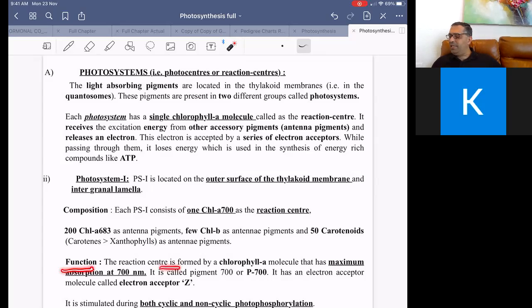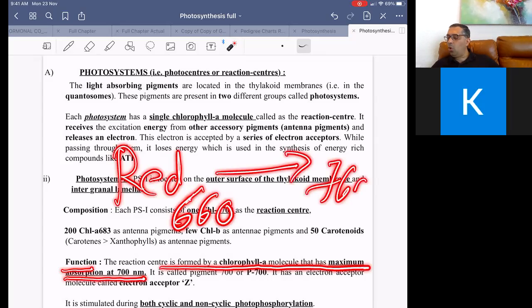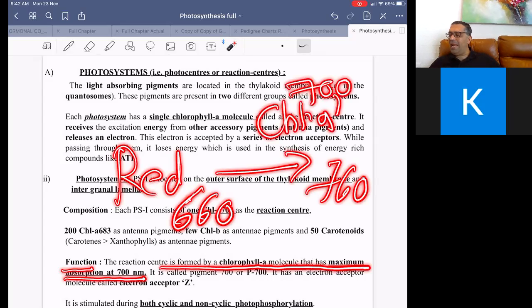The reaction center is formed by chlorophyll A molecule, has maximum absorption at 700 nanometer. जैसे मैंने बताया, red light कौन से स्पेक्ट्रम से है? 660 to 760. तो chlorophyll A 700, what will it do? It will absorb light.